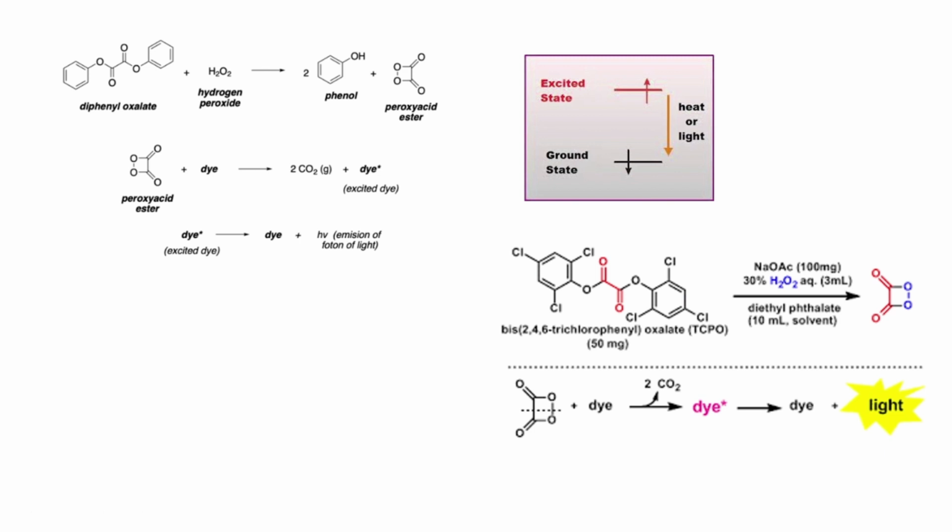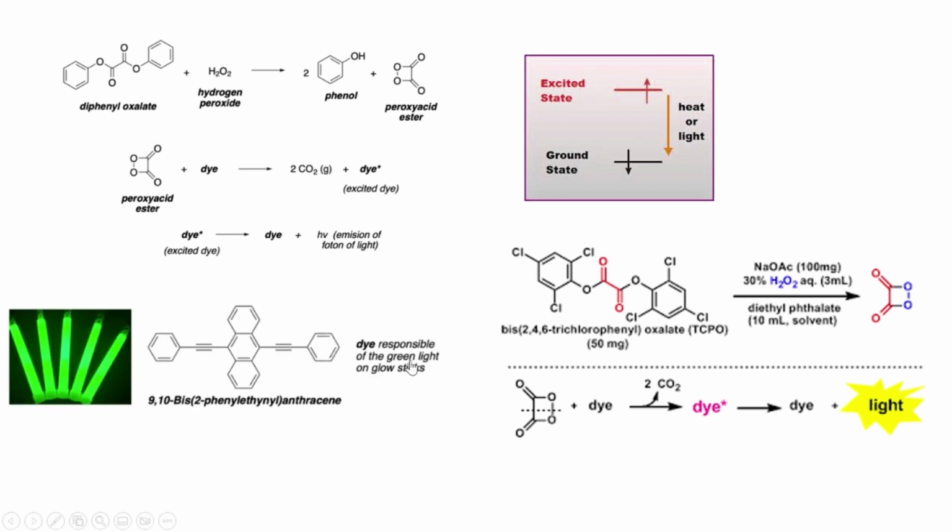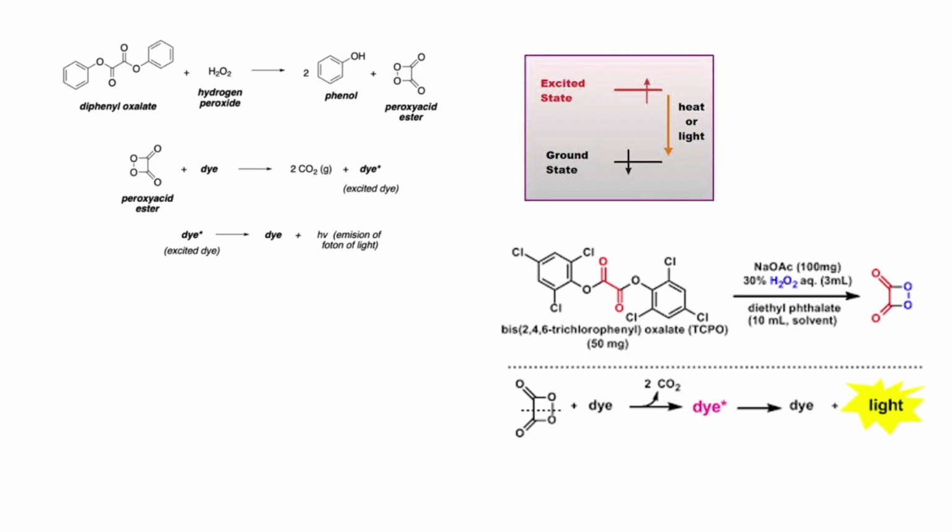There are different colors of dye people use to make different colors. For the green color especially, people use 9,10-bis(phenylethynyl)anthracene, but there are also other dyes to prepare different colors.